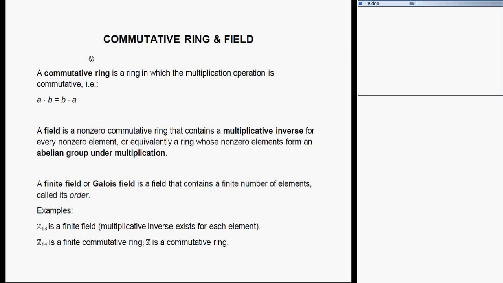So a field is a commutative ring supporting the operation of multiplicative inverse for, of course, non-zero elements. So a field is a ring that supports the property of commutativity and multiplicative inverse. So in a sense, a complete set.